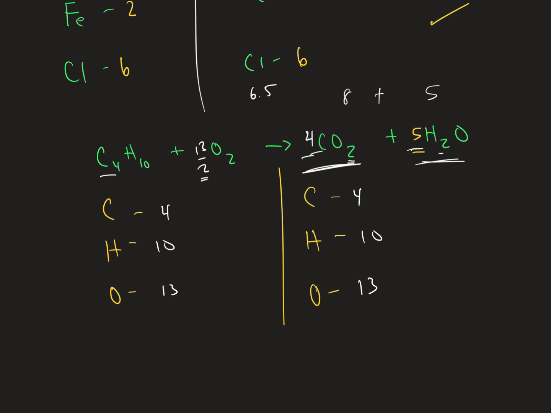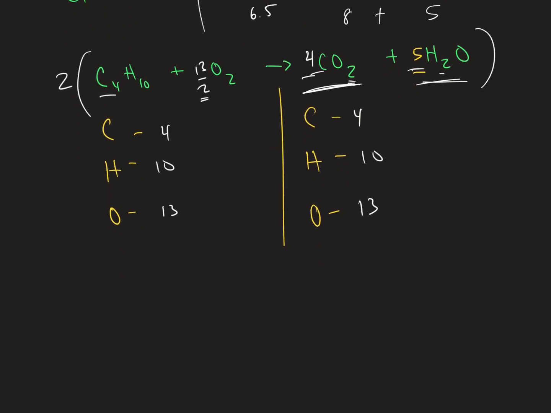Okay, I need 13. 13 halves times 2 is just 13, right? Okay. So now I got to multiply everything by 2. And if I do that, so that I don't make a big old messy equation here, I have 2 times 1, because the coefficient of butane is 1, C4H10.